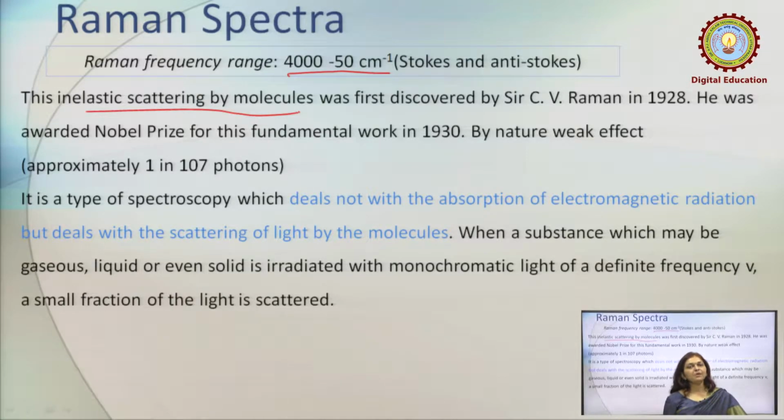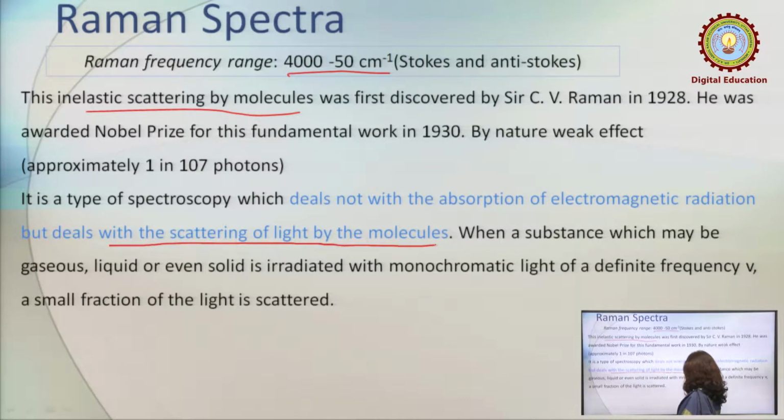It is a type of spectroscopy which deals not with the absorption of electromagnetic radiation, but with the scattering of light by the molecules. Most important point, the phenomenon: earlier in IR and UV you studied absorption, but this spectroscopy deals with the scattering of light by molecules.